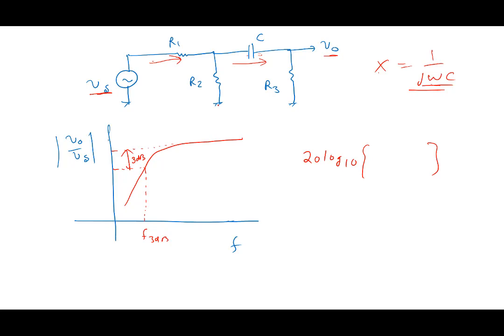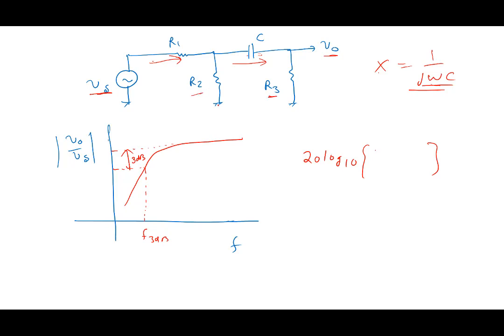Start by using the limit: if the frequency is very high, what happens to the capacitor? If the frequency is very high, the capacitor acts as a short, right? So what happens to R2 and R3? They're in parallel.